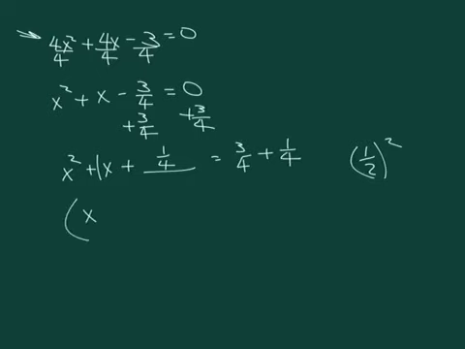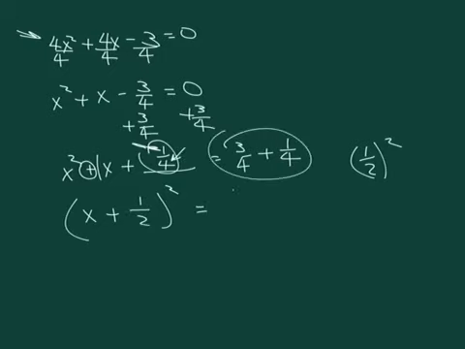Alright, so I make my parentheses squared. This sign here goes here. Square root of that. What's the square root of 1? 1. What's the square root of 4? 2. What's 3/4 plus 1/4? 4 over 4, which is 1. Okay. Square root both sides. X plus 1/2 equals plus or minus.